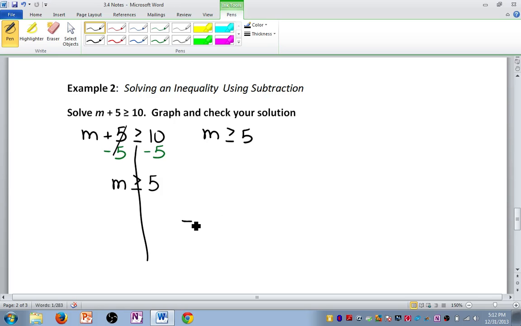When I graph that, I have my number line. Here is my 5. I'm just going to count by ones.